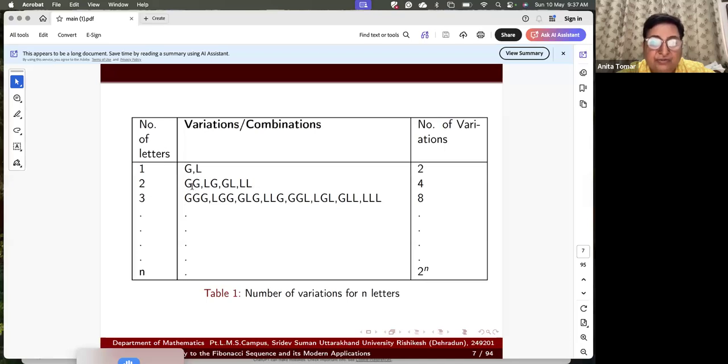For three letters, there are eight variations: GGG, LGG, GLG, LLG, GGL, LGL, GLL, and all three L. And we continue the process. For n letters, there will be 2 raised to the power n variations.